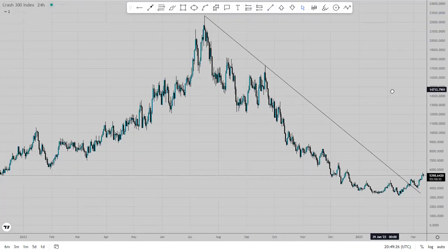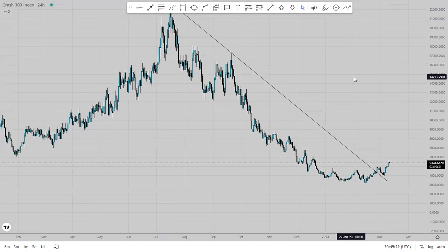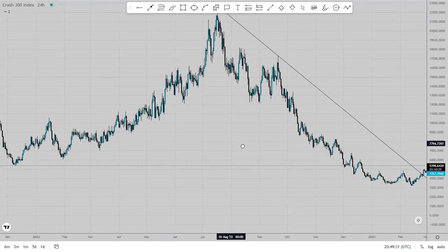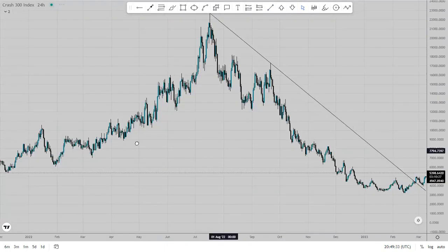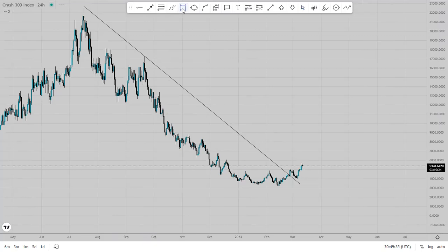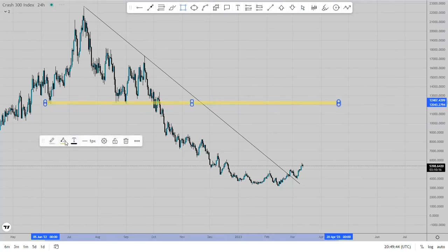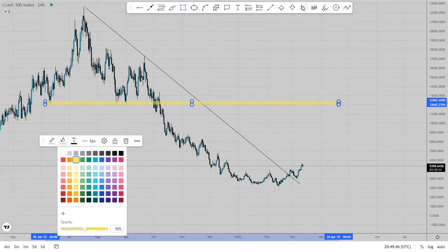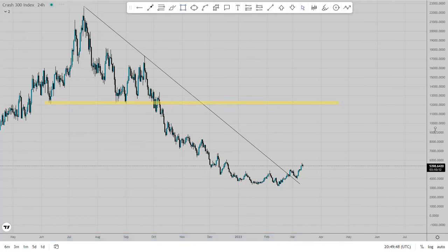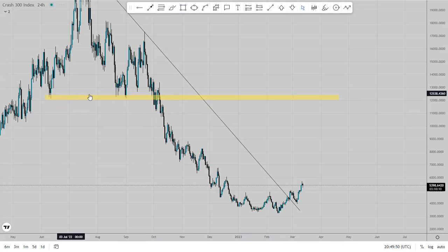After we've identified that, the next thing we want to identify is our major key levels: our major levels of resistance, support, supply, demand, fair value gaps, order blocks, all those things. Right now I'm going to label this as a resistance, touched, broken, major resistance.